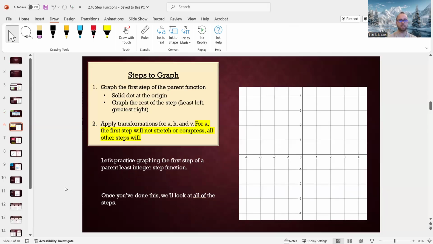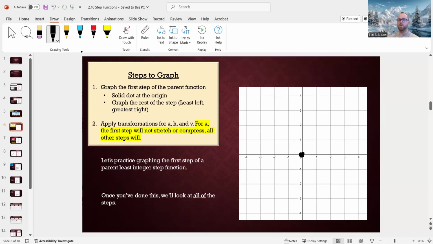So let's practice graphing right now. We're going to first graph the first step of the parent function, that first line segment. Solid dot at the origin. That's easy. Graph the rest of the step.